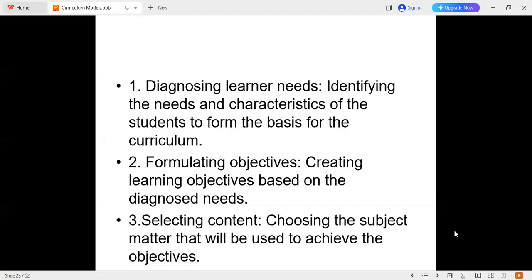Now we can discuss with some more facts. First step, diagnosing learners' needs. Identifying the needs and characteristics of the students to form the basis for the curriculum.